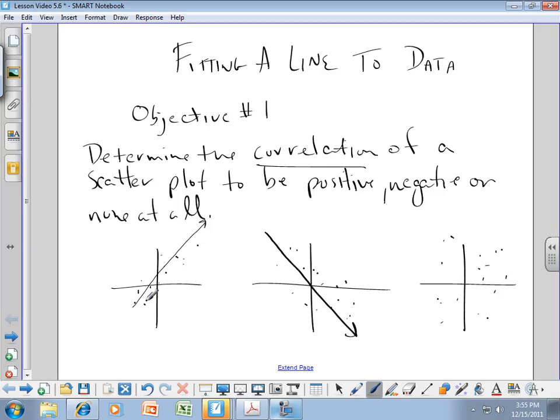If the dots look like they're going up and to the right, that is a positive correlation. Down and to the left is a negative correlation. And if you can't tell, then you just say there's no correlation or none at all. So the first thing you're going to have to be aware of is finding the correlation from a scatter plot. It could be positive, it could be negative, or there might not be any at all.